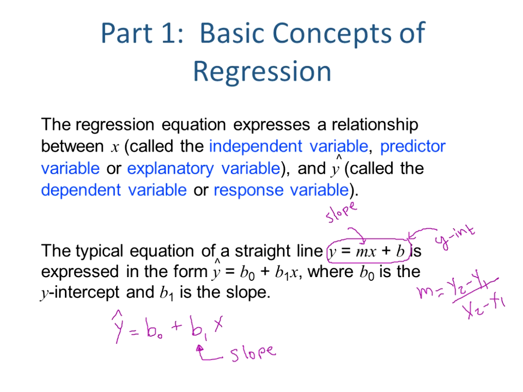So no matter how you write it, the slope is always what's multiplying x. That's how you can remember what the slope is. Now our y has a hat, it's y hat, so we are using it to make predictions. We're using what we know about our sample to make predictions about what's happening in our population. So this regression equation is going to be used to make predictions.